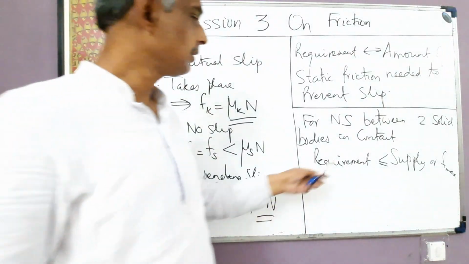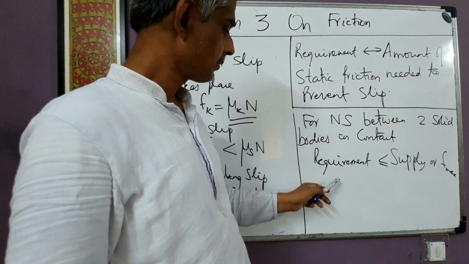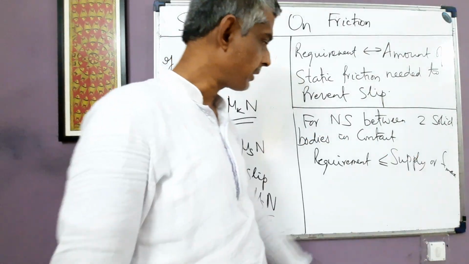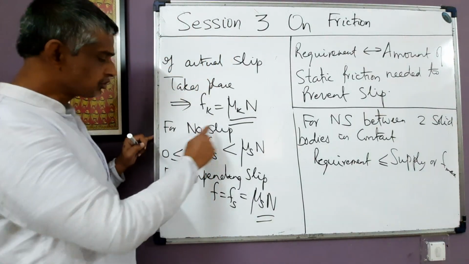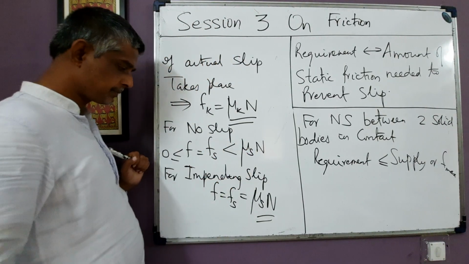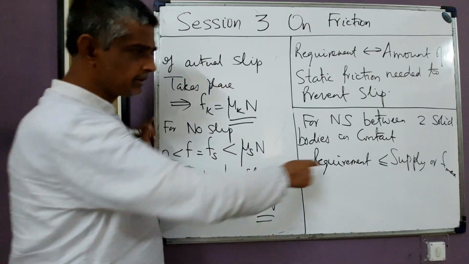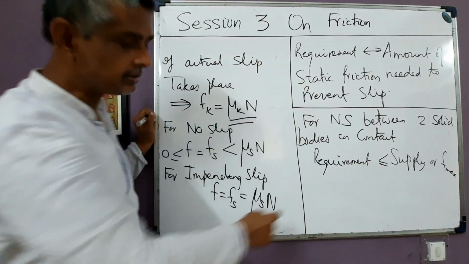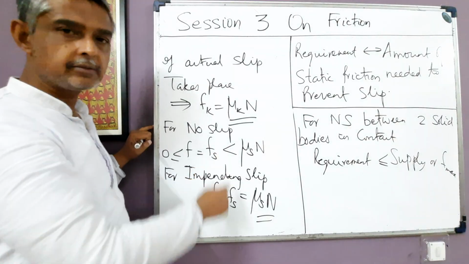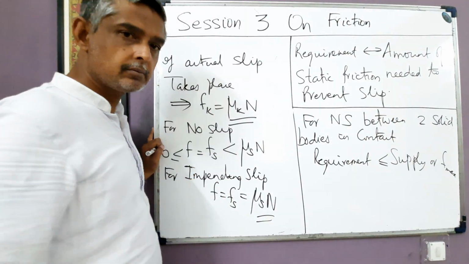So here I said that for no slip, requirement should be less than or equal to supply, and here I am saying for no slip, Fs should be less than mu S N. Here it is less than or equal to, here it is only less than. I hope it is clear what I am saying.